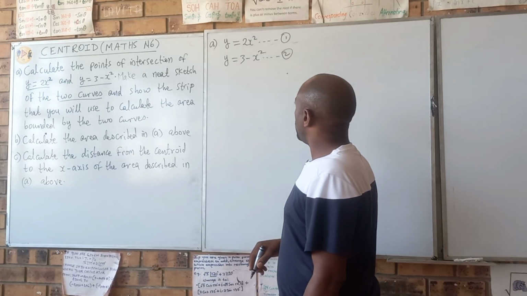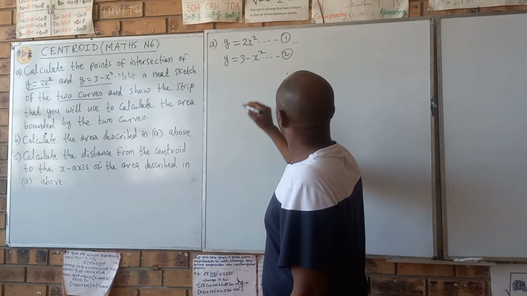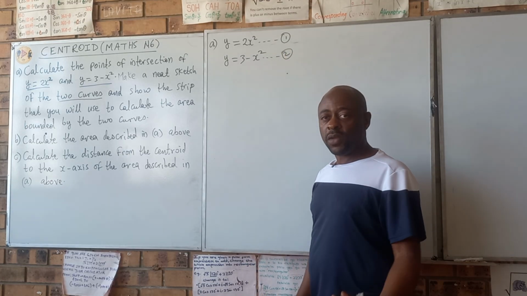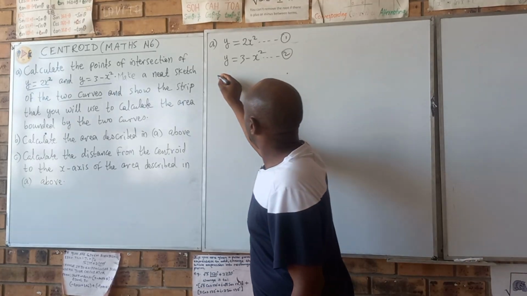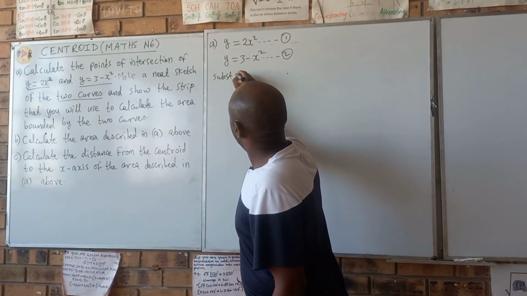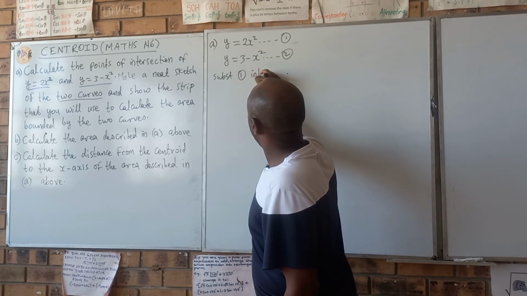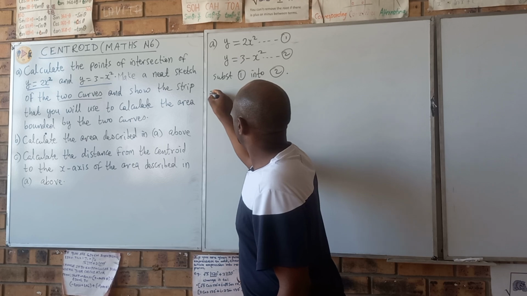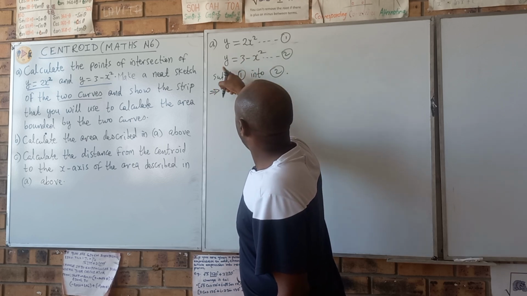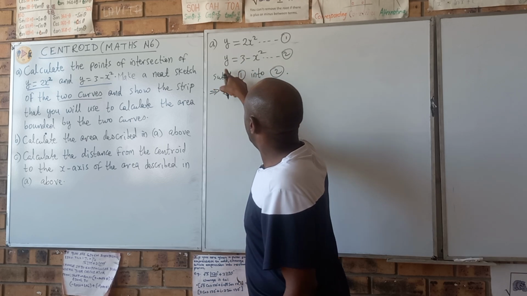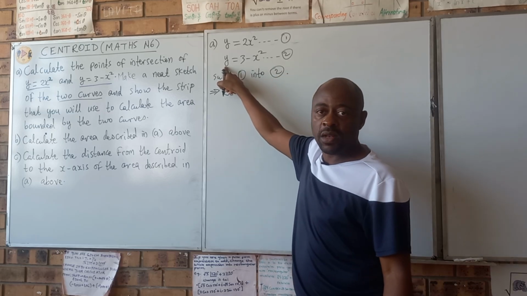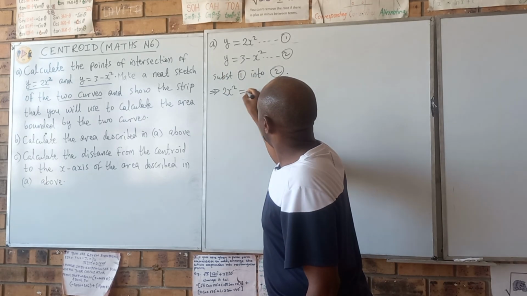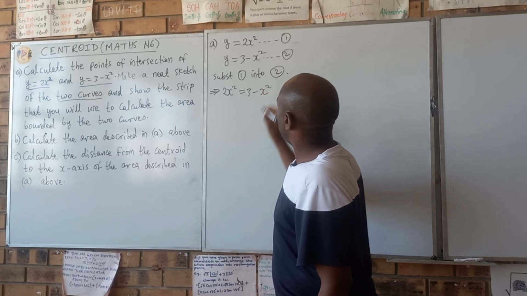So to calculate the point of intersection of graphs, we just substitute one graph into the other one. So I'm going to substitute equation number 1 into equation number 2. If I do that, it means I'll be taking 2x squared into the position of y in the second equation, which will be 3 minus x squared.